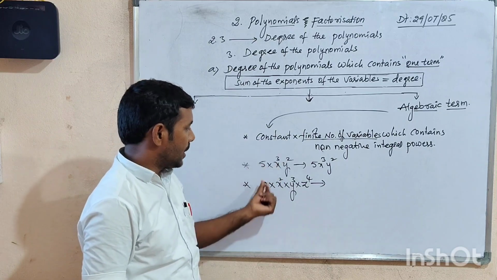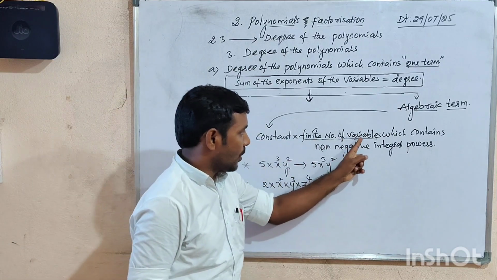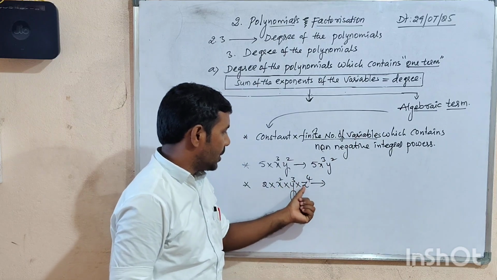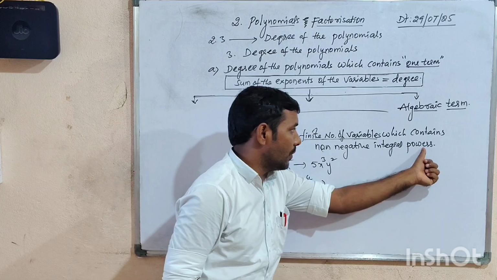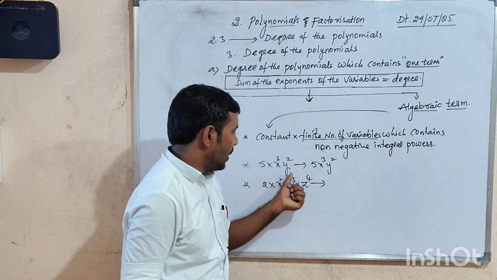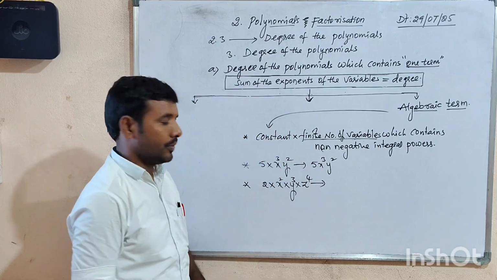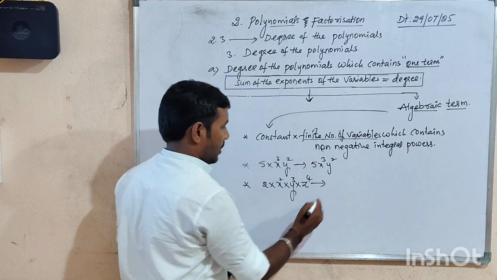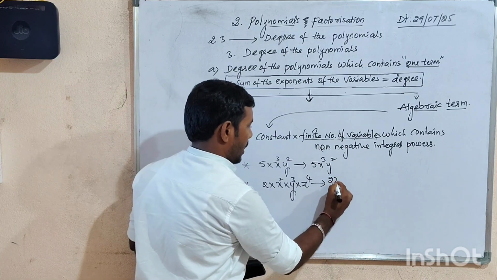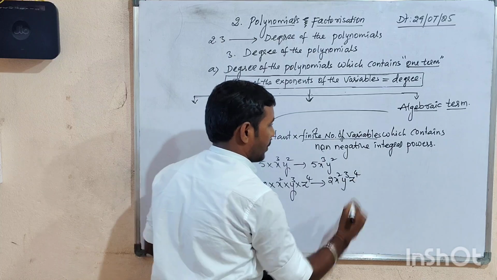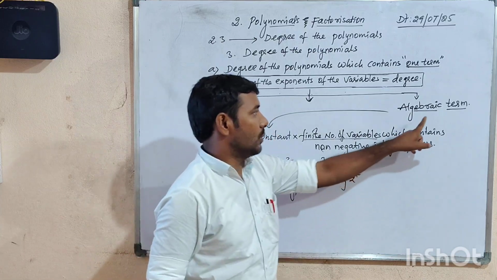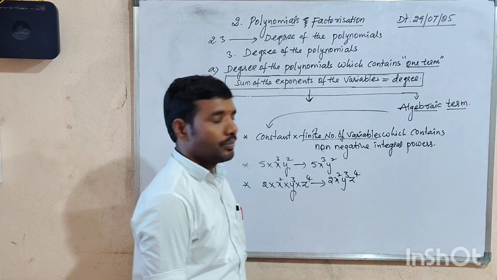Constant there, finite number of variables, x, y, z are variables which contain non-negative integral powers, nothing but the power should be whole numbers. So multiplying both, 2 x square y power 3 z power 4. What is this? This is one of the algebraic terms.